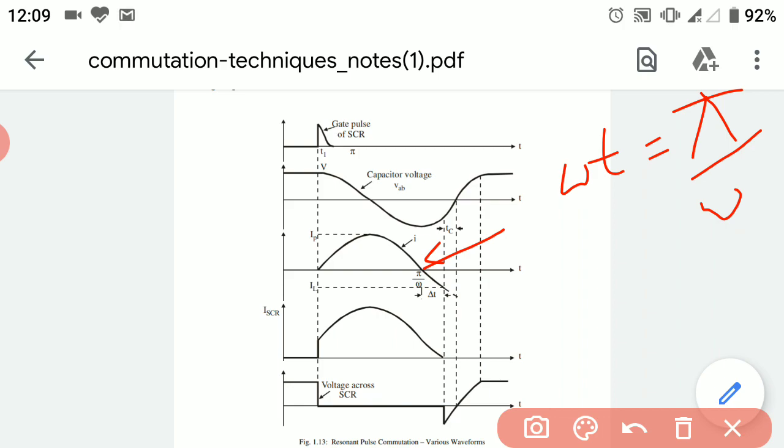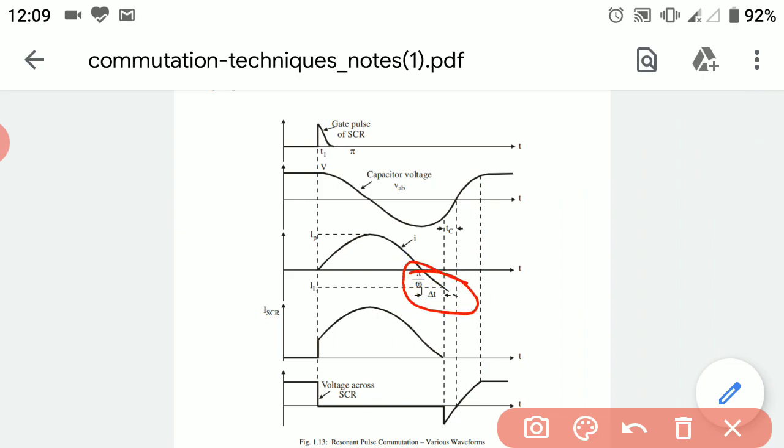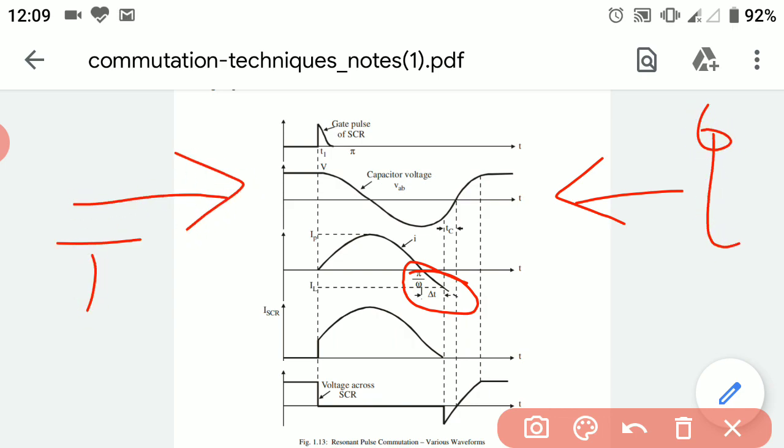That is, after this instant, the current attains negative polarity, that is, the resonating current reverses its direction and now starts opposing the current flowing through the SCR.